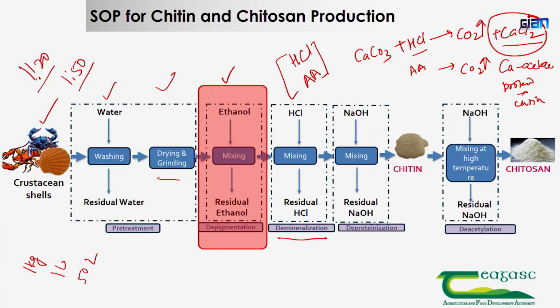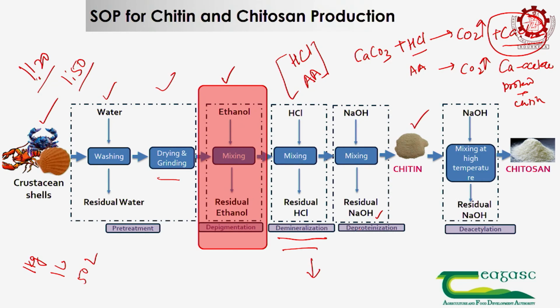Once you have this done, you wash whatever residue is left over to remove the acid. Then you add alkali. The moment you add alkali, all the protein will be dissolved in the alkaline solution. Whatever is left over is your chitin.